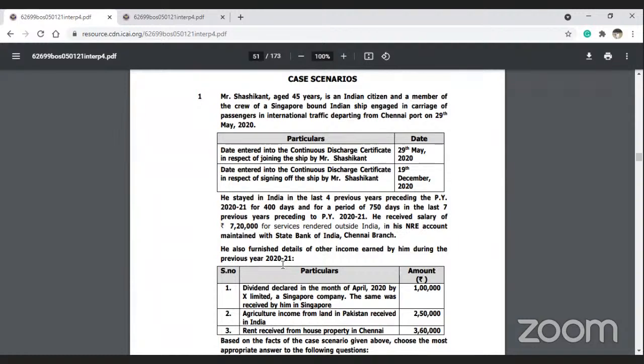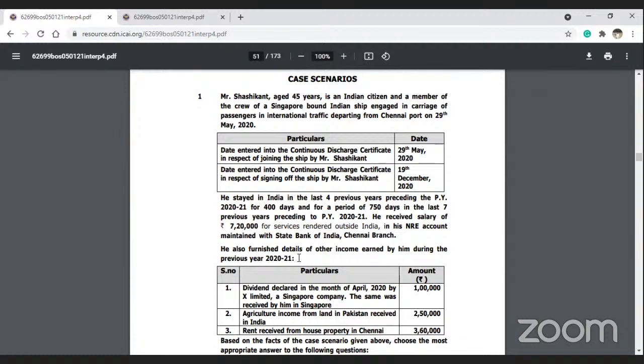Date entered into continuous discharge certificate in respect of signing off the ship by Mr. Shashikant, 19th December. He stayed in India in the last 4 previous years preceding the PY 2021 for 400 days and for a period of 750 days in last 7 years preceding PY 2021.